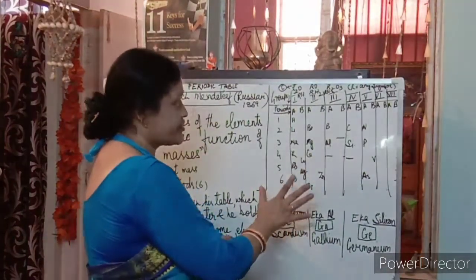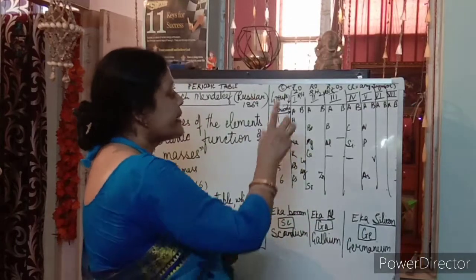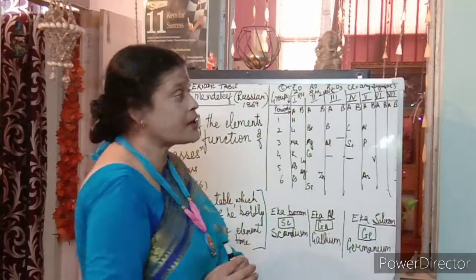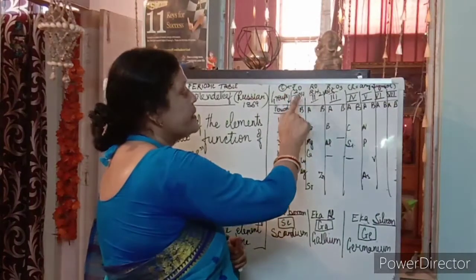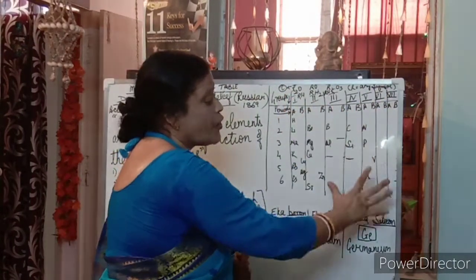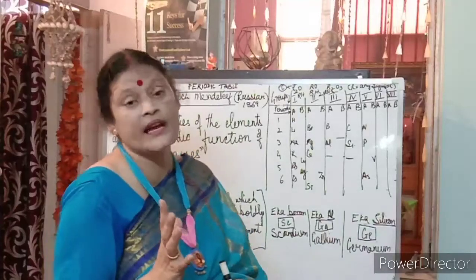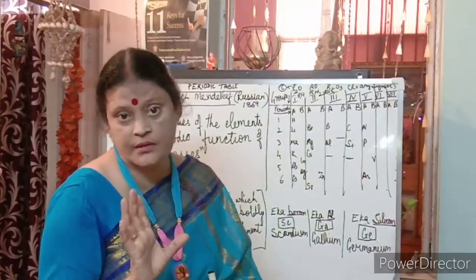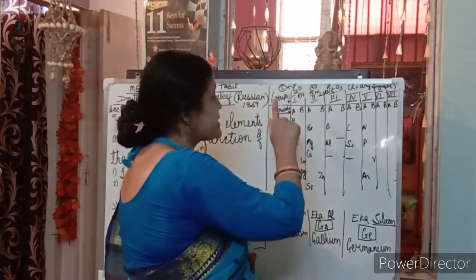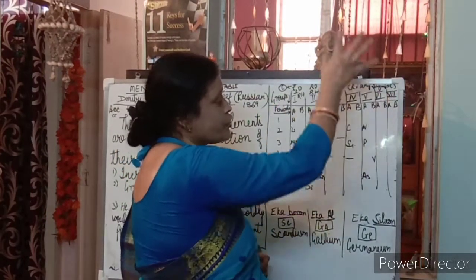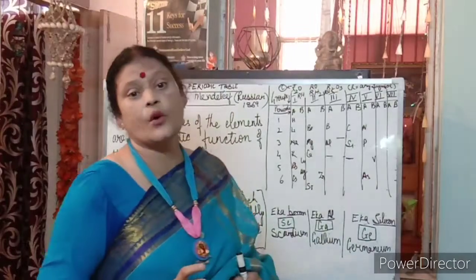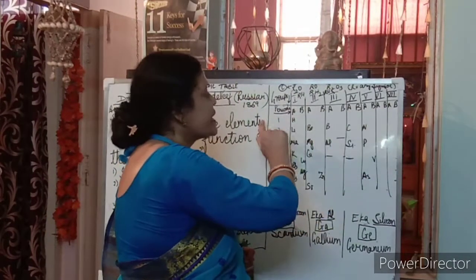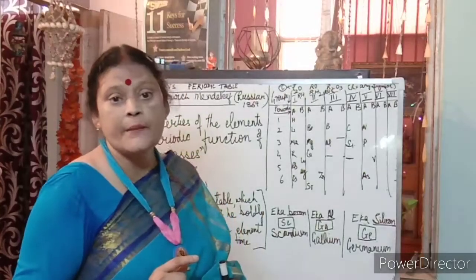Now next, what are the properties of this table? First characteristic, he made vertical columns, 7 vertical columns. Students, at that time the noble gases were not there, and he did not use the noble gas chart. Okay? Now next is groups. There are 7 groups, that is the vertical columns, and the horizontal rows from left to right he called periods.